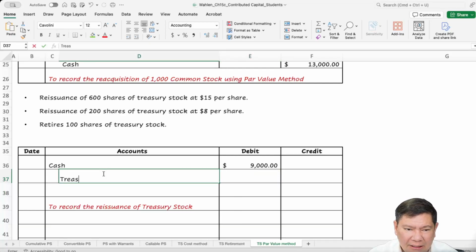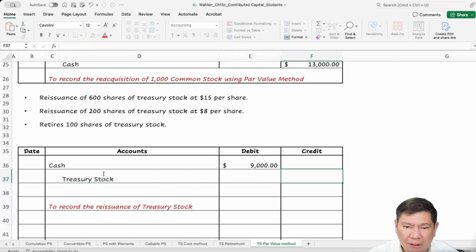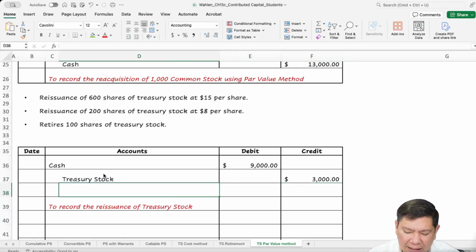The treasury stock will have to be reduced by 600 shares times 5, $3,000.